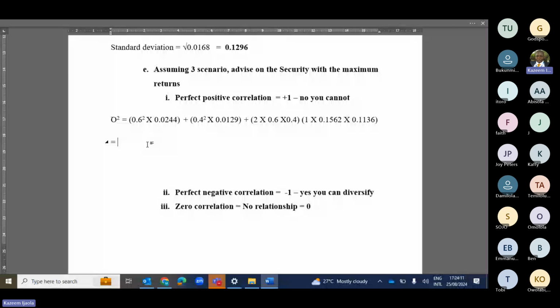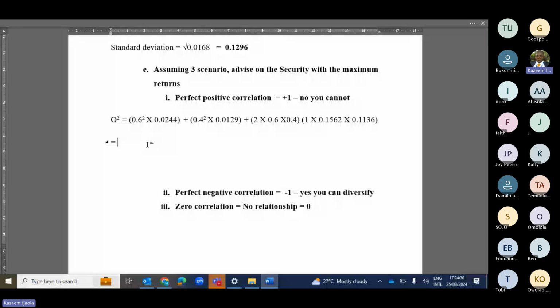Okay. Times 0.0129. I'm trying to calculate this one. Okay. 0.019 plus 0 plus 2 times 0.6 times 0.4. Let me do my own too, so that we both confirm our answer.